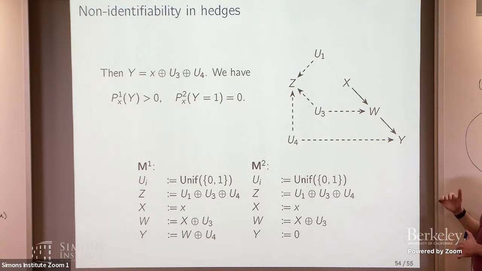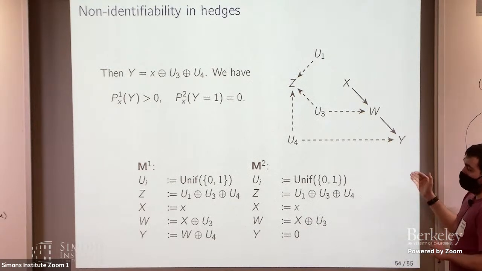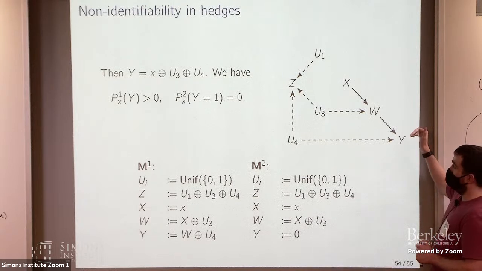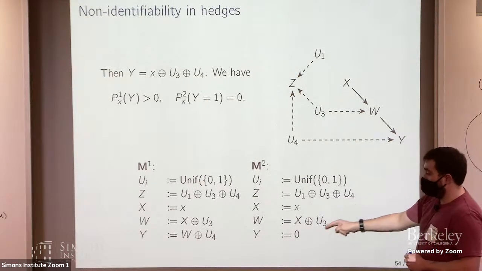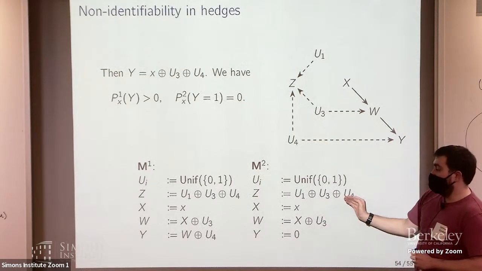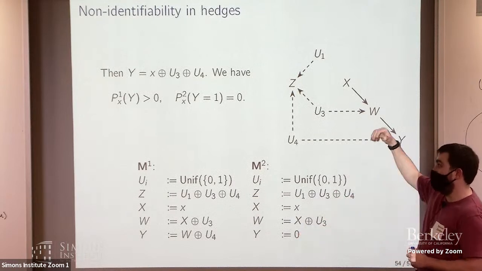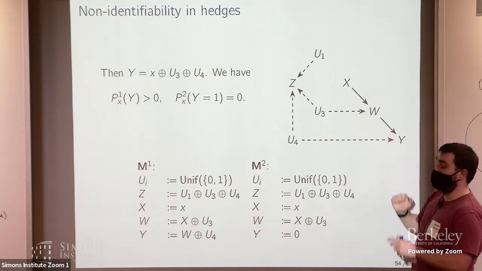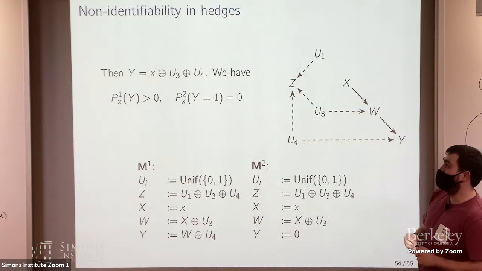This counterexample generalizes to any hedge, because you do the exact same thing where the only difference is you set the equations in model 2 to be the constant 0 at the boundary of the smaller forest. So, okay, I'm going way too fast to make this at all clear.